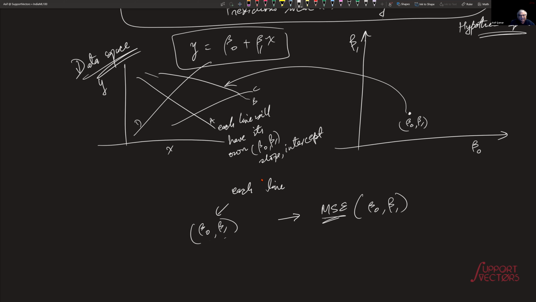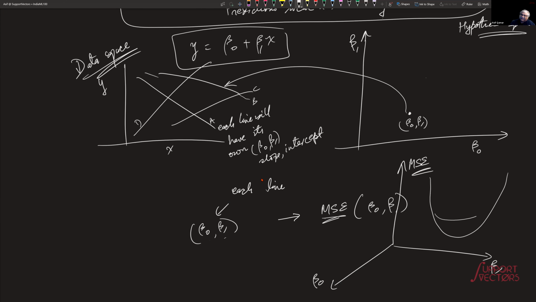And so it turns out that you can do this business, and I won't go into all the details, but basically in this space of beta naught, beta 1, and this MSE error, these three coordinate three-dimensional system, the error surface, the MSE, is a surface.